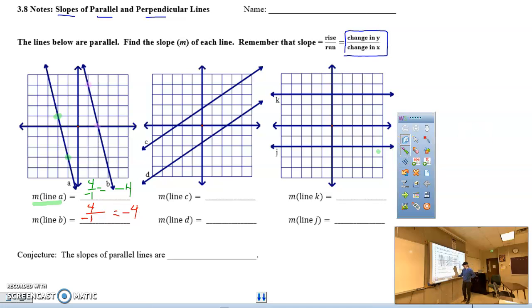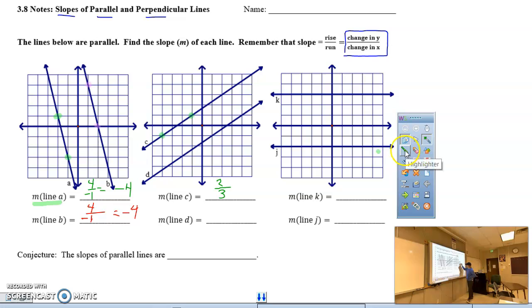Okay, welcome back. On line C, you're looking for some easy points. That one looks pretty good, and this one here looks pretty good. There are a couple more you could have picked, but you're going to do rise over run. From the lower one, I go up 2, and then right 3, which is a positive 3. So I have a positive 2/3.